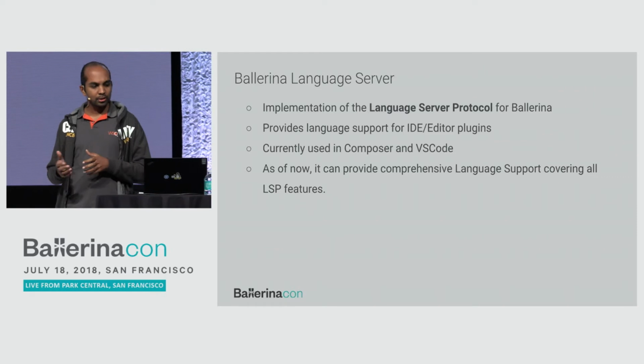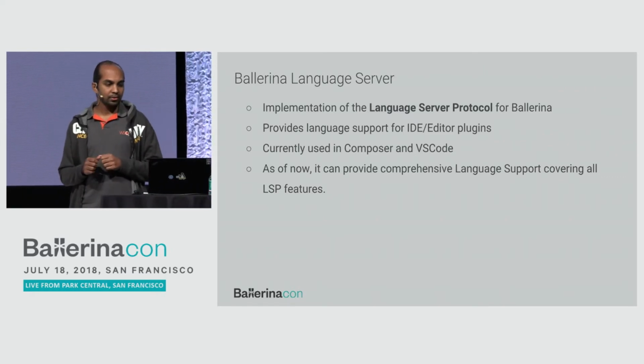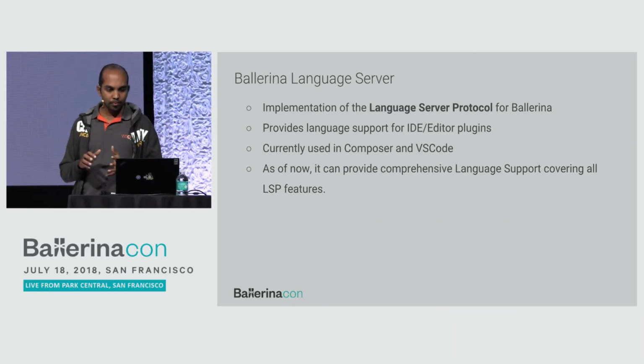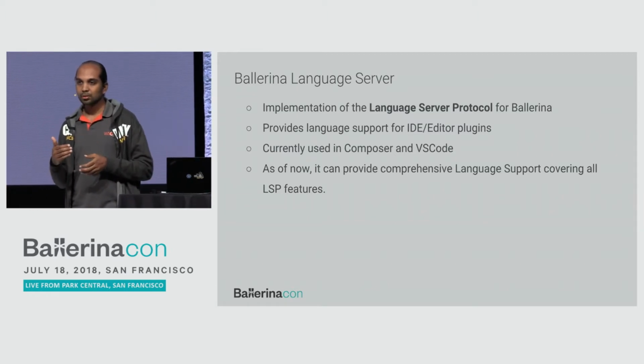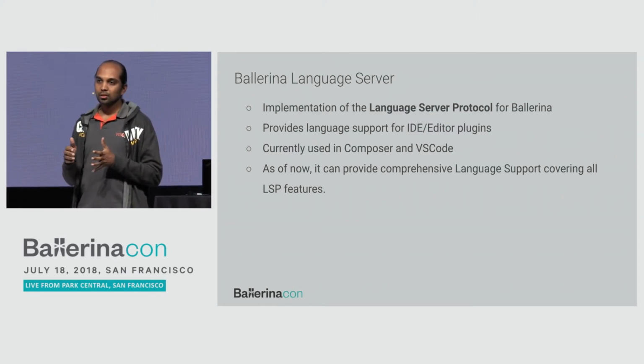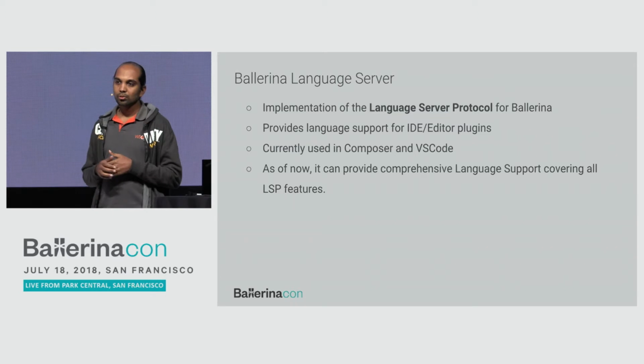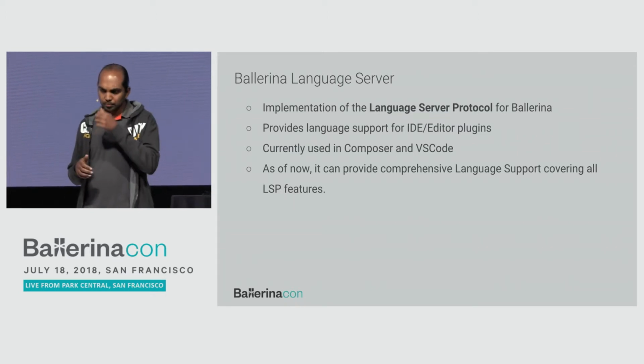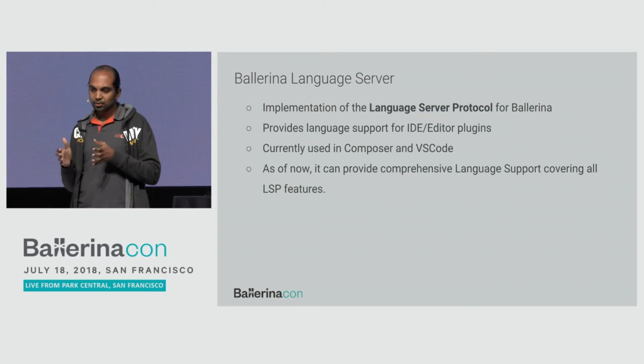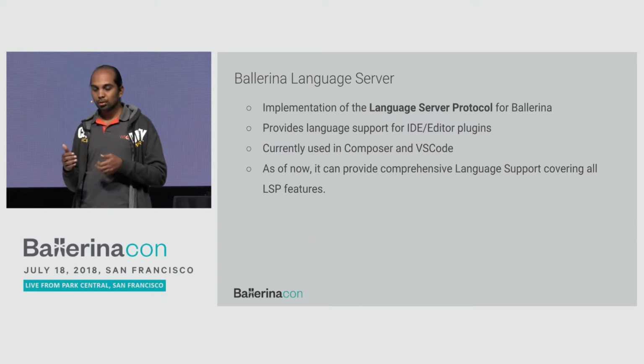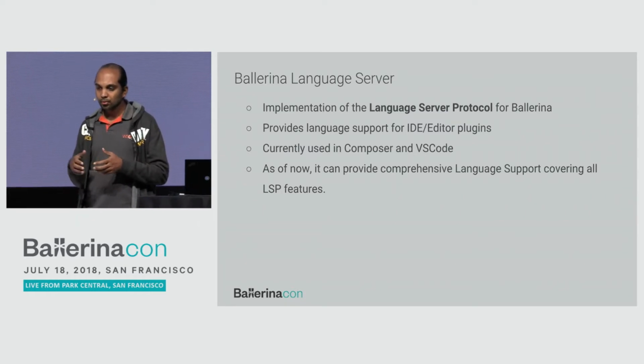The next major feature is the Ballerina language server. Ballerina language server is simply an implementation of the language server protocol for Ballerina. Basically, the language server protocol tries to solve the M2N problem with IDE development.